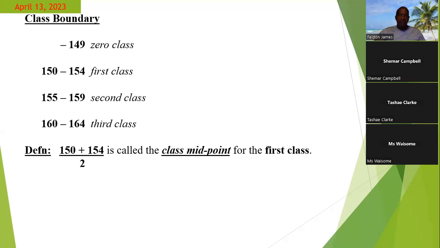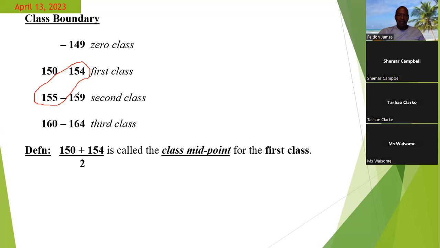So for instance, the first class here has the upper limit of 154 and the second class has the lower limit of 155. So the value between 154 and 155 will give the boundary. All we need to do is add these two values and divide by 2.